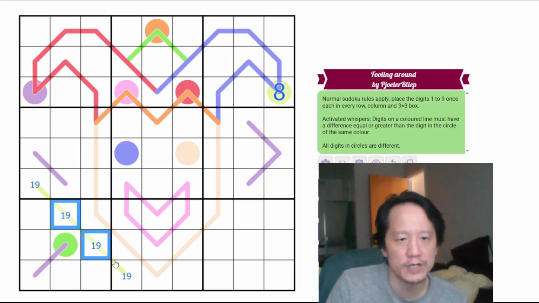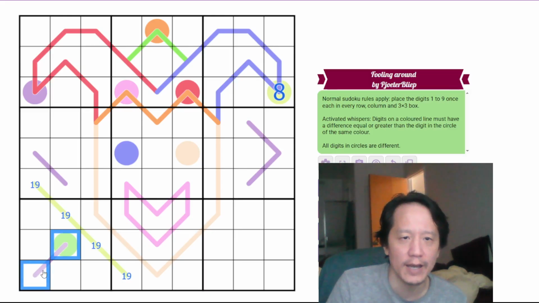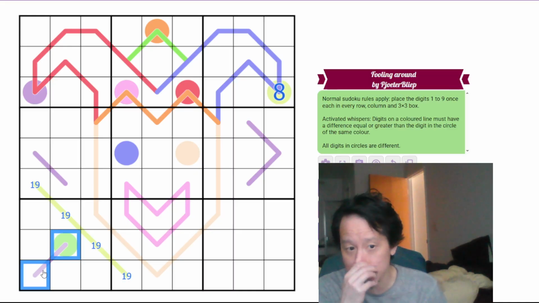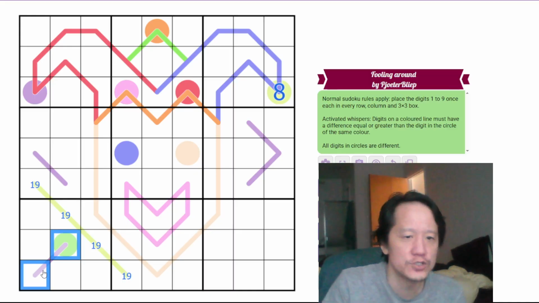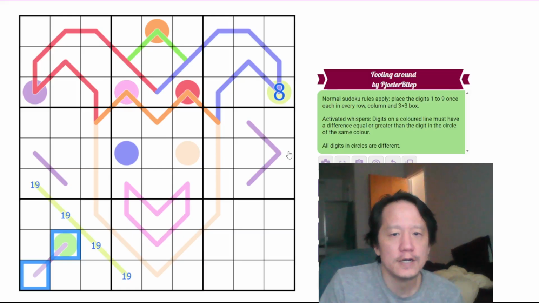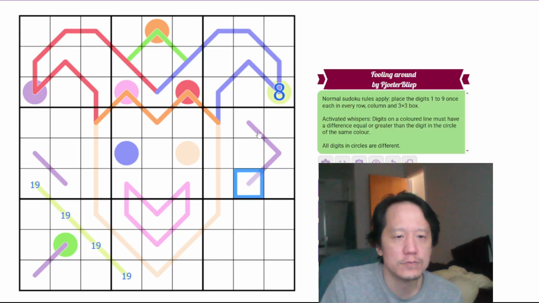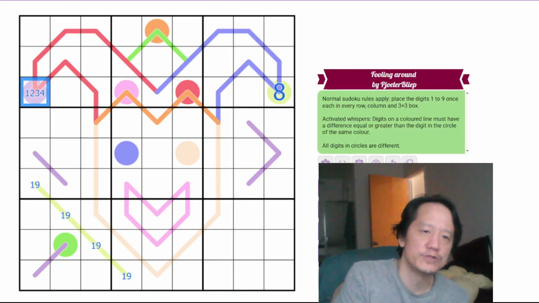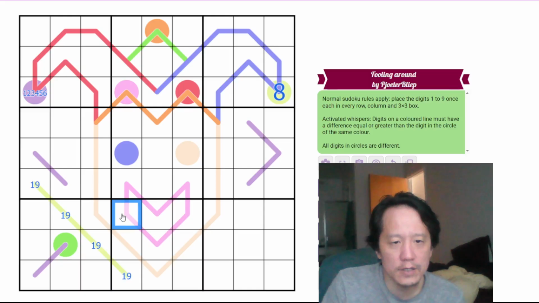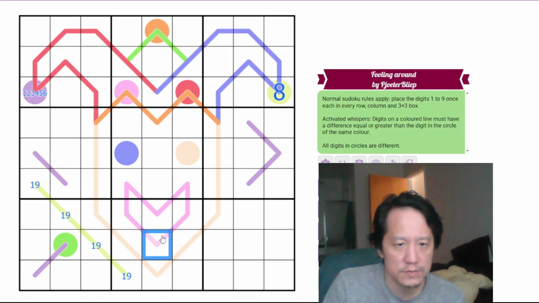So this is a 1-9 pair. Therefore, the difference for lavender can be at most 6. It's 2 and 8. This could be 9, 1, and 2, but this has to be at most 6, so this is 1 through 6. Pink has 4 digits.